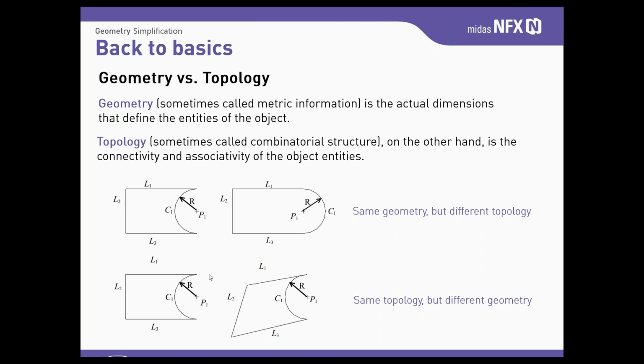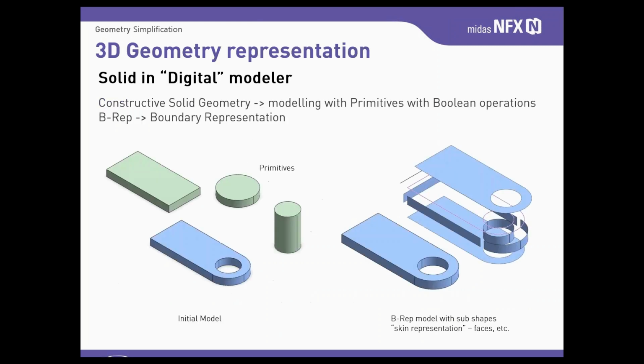If we take a look at the same picture at the bottom, we can see that we have the same topology, but the geometry is obviously different, especially if we compare the length of L2 on the left side with the right side. So now it's easy to figure out that part of the simplification process is actually connected with topological changes.